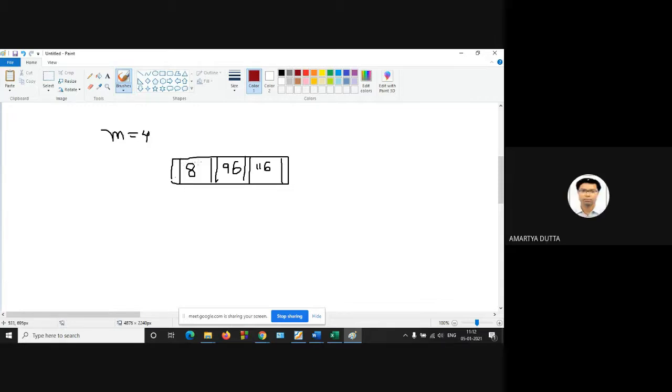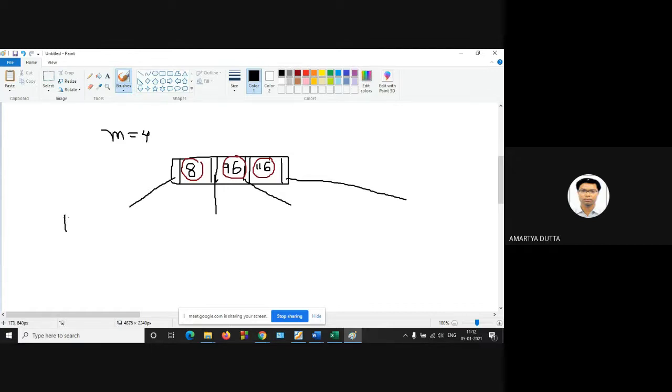So your root is full: 8, 96, and 116. So K1, K2, K3, the root is full. So there will be at most m children. From this, from this, from this, and from this, a total of 4 children will be there. Okay.